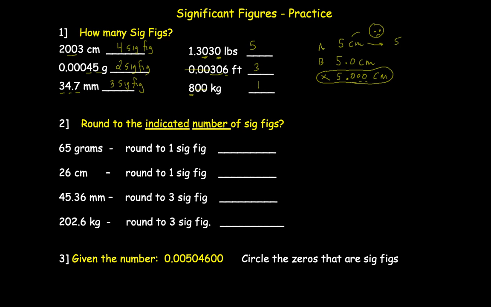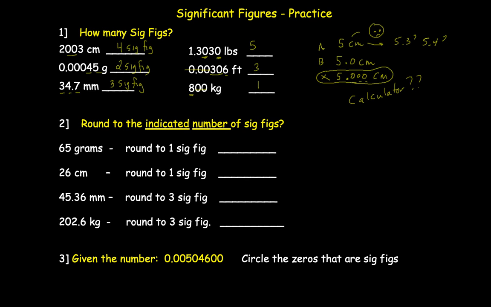I mean, could your heart valve be 5.3? Could it be 5.4? It could, right? But you won't know that because you only measured it to a 5. And that's why this is important. Measurements are important.